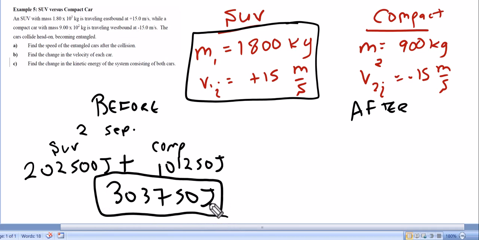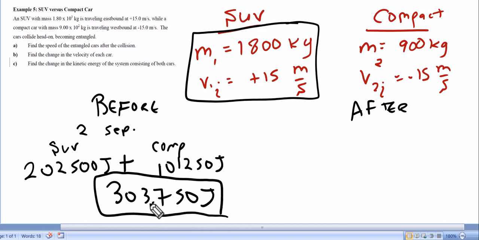That's before the collision. So that's how much energy was in the system. Remember, it doesn't matter which way things are going in a system. The total kinetic energy is going to be added because of 1/2 mv squared. The velocity, even if it's negative, gets squared and therefore becomes positive. So with these two cars heading towards each other, this is how much energy is in this system.